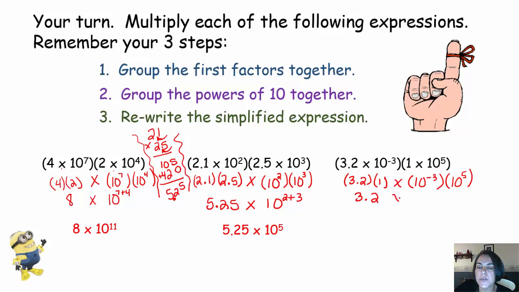So that's 3.2 times, keep my base. I'm multiplying, so I'm going to add my exponents. My exponents are negative 3 plus 5. So it's 3.2 times, hopefully you know negative 3 plus 5 is a positive 2. So it's 3.2 times 10 to the second. All of those answers are written in scientific notation. It's perfect. It's just what we needed to come up with.